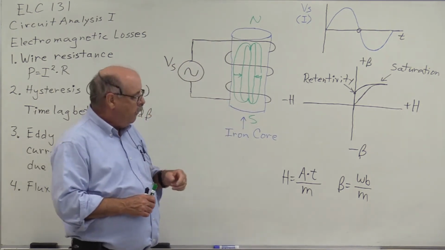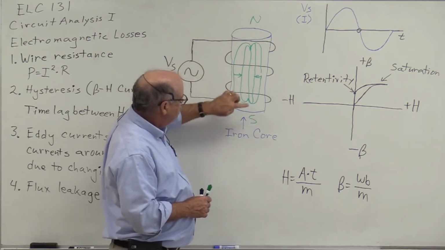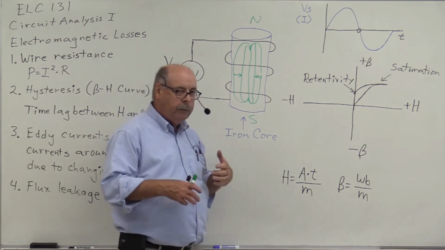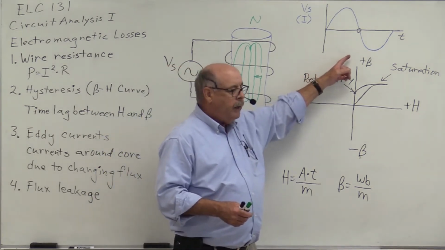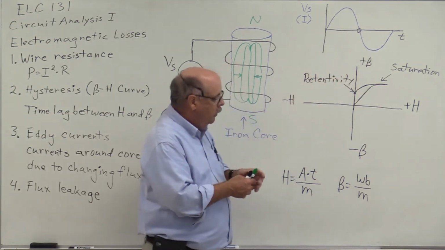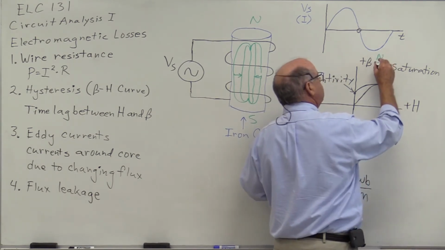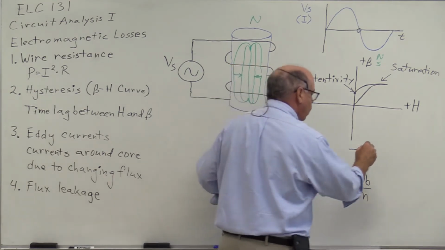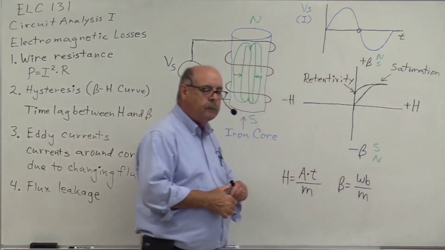And again, on our graph, since our magnetic field can either be north to south or south to north, depending upon the direction of current, on the y-axis we have to have positive B representing a north to south field and a negative B representing a south to north field.